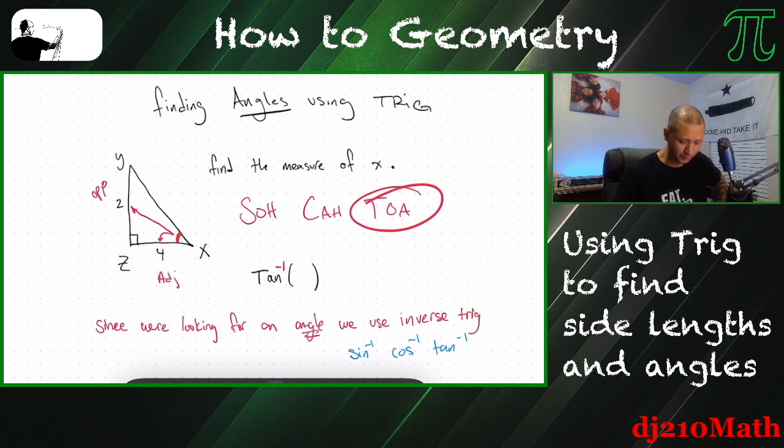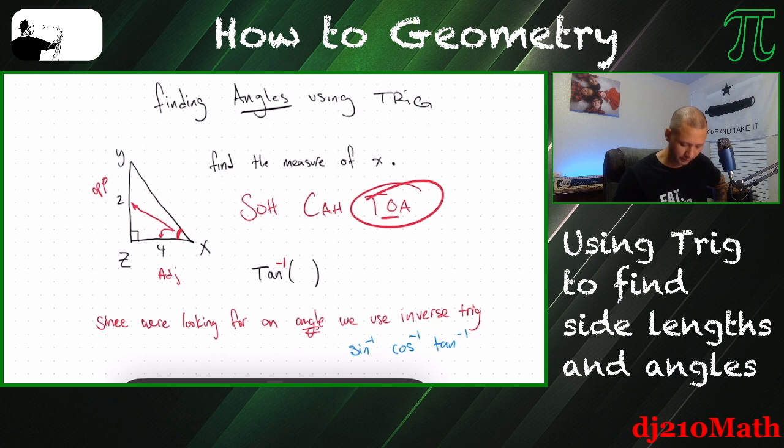Tangent is opposite over adjacent, right? That doesn't change. So the opposite side is going to be 2 over 4. Now notice we're putting the opposite over the adjacent side inside of the parentheses. Normally it would have been tangent of some angle equals opposite over adjacent. Here we're taking the inverse tangent of the opposite over the adjacent side, and it's straight calculator work.